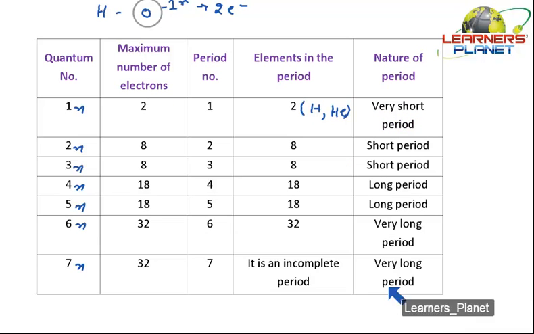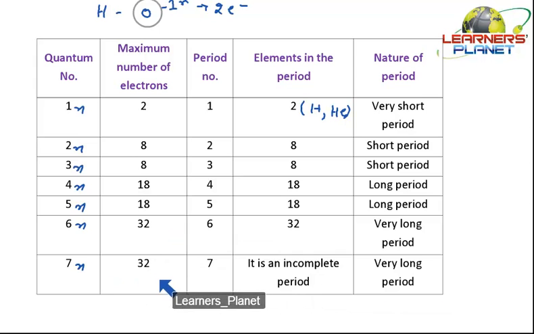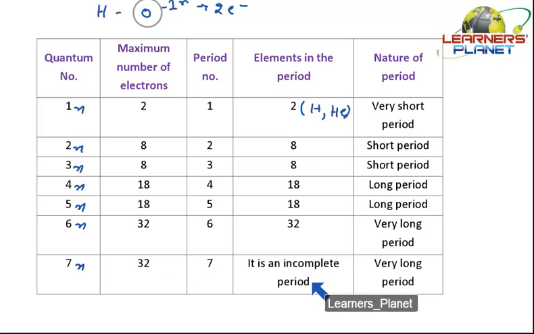Then we've got 7n. The number of electrons it can accommodate is 32, and this period is incomplete, and this is also a very long period. So students, this is about the periodic table, or the long form of periodic table you can say, or the modern periodic table, or the Bohr's periodic table. The elements are classified like this.